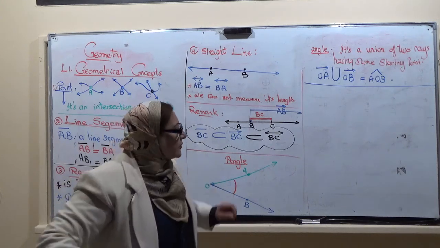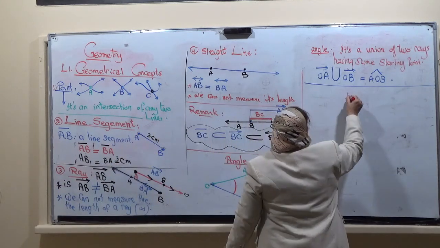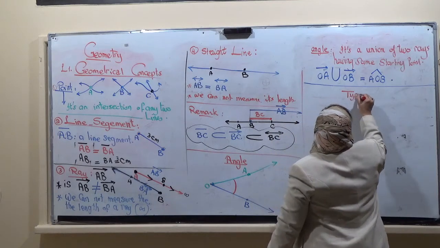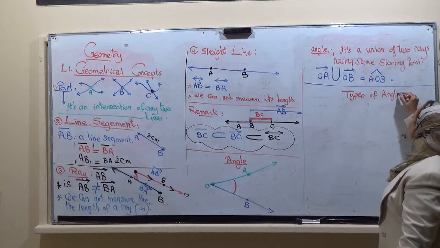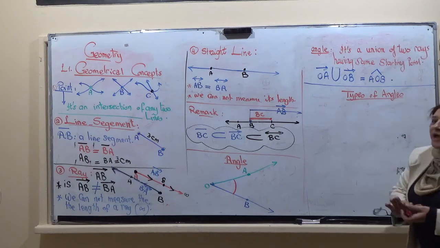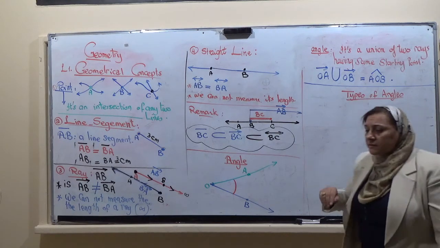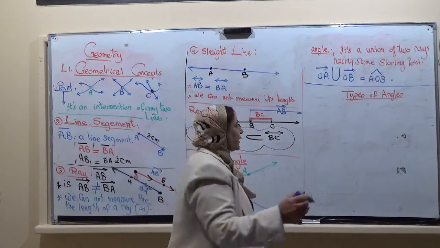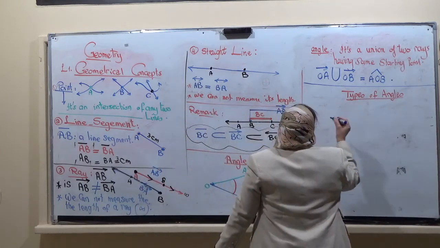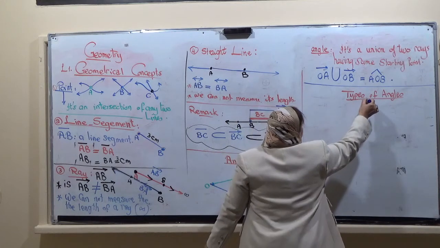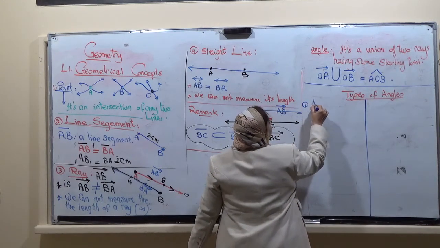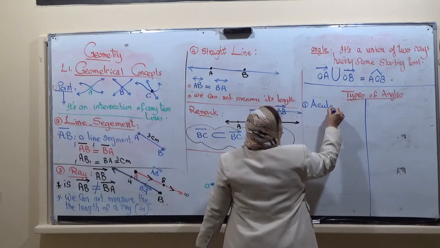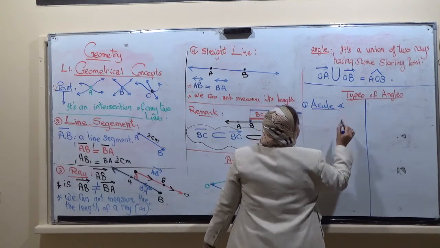Today I talk about the types of the angles. These are mathematical concepts. We have four types of angles. Number one, the acute angle.